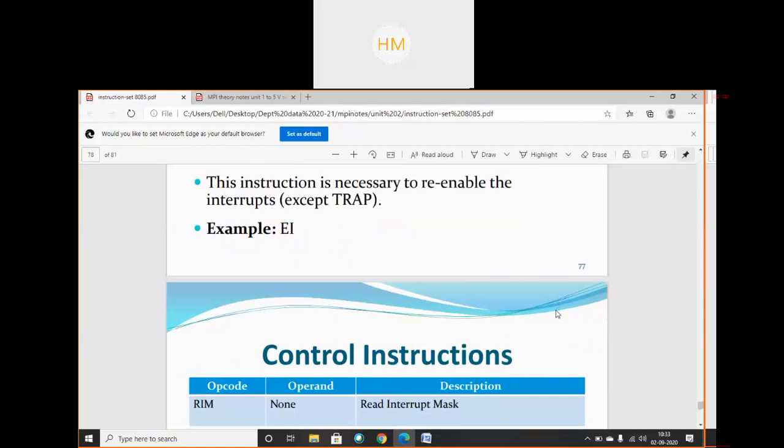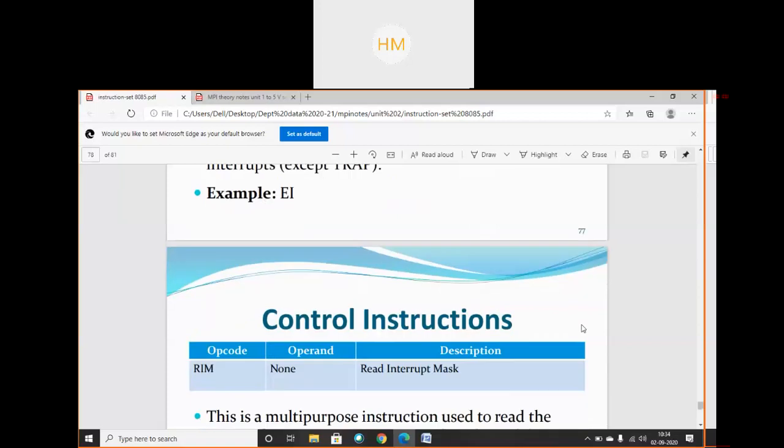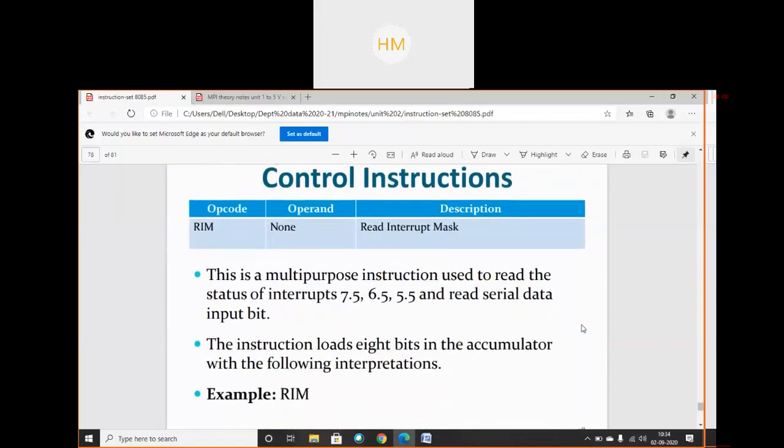At the parallel time, I can use other interrupts also. So how will I know the status of these interrupts? I will use read interrupt mask, which will tell you which interrupt is currently working and what is the status of other interrupts. So this is a multi-purpose instruction used to read the status.